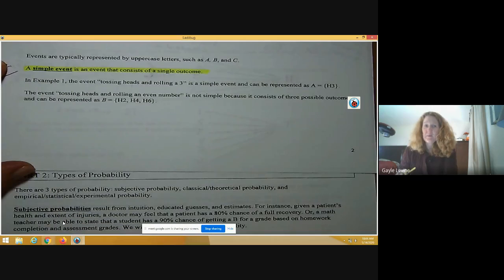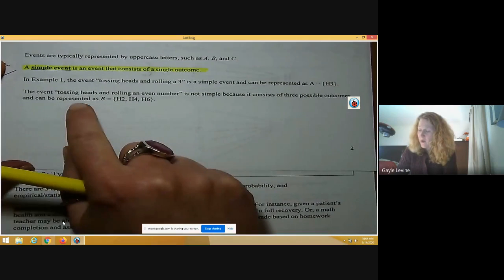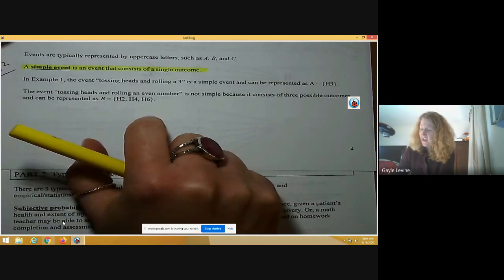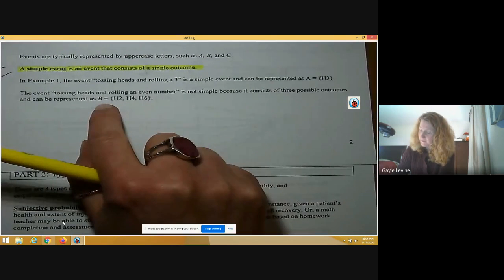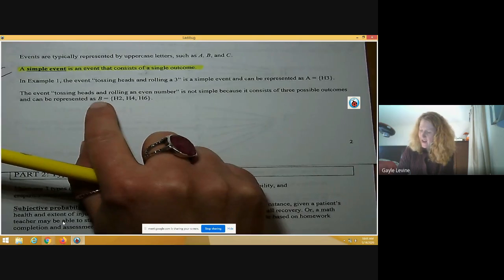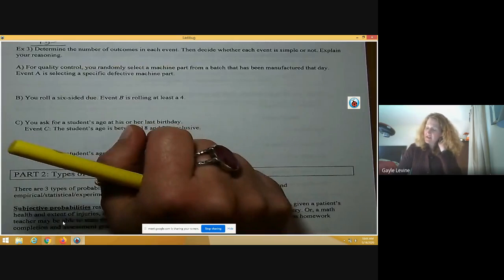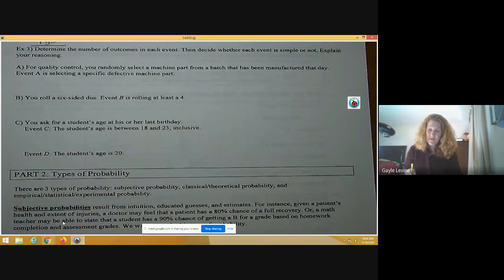If it's not simple, that means there'd be more than one outcome that could be represented. So event B would be head and a 2, head and a 4, head and a 6. So we want to decide, are you just getting a simple event or not? Sorry if that wasn't so clear.